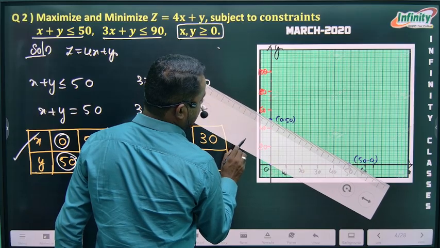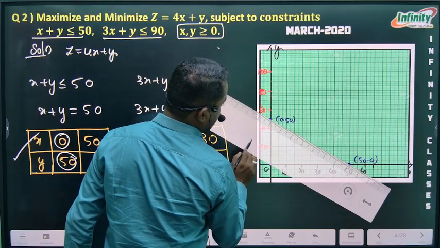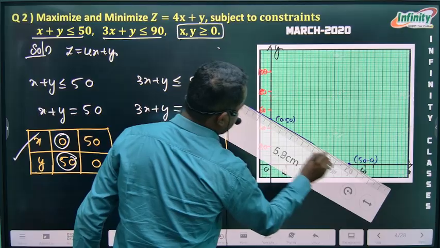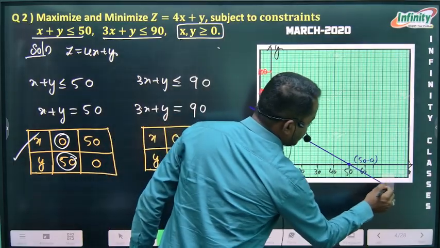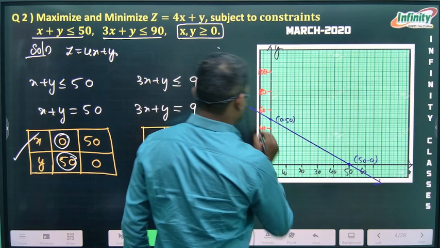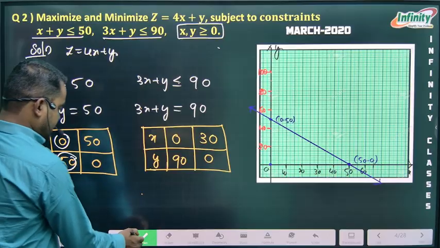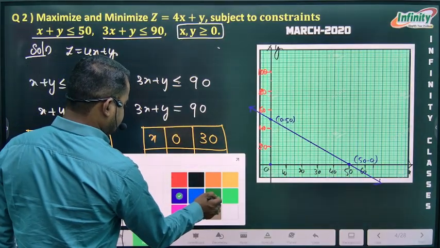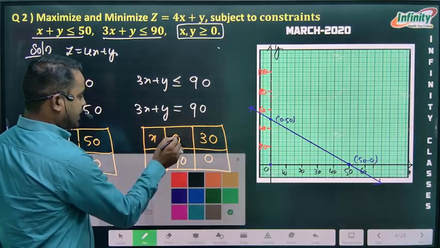And draw the straight line for this one. And next, for the second table, x coordinate is what? 0.